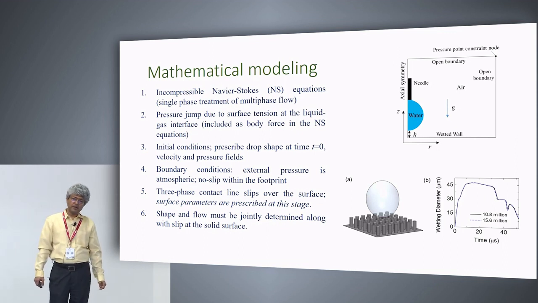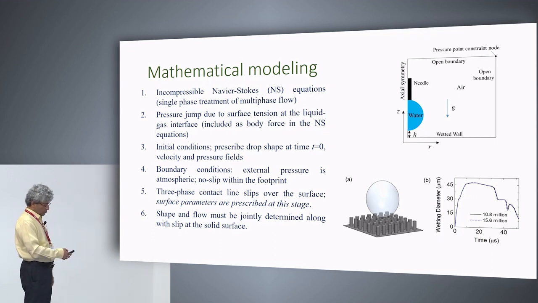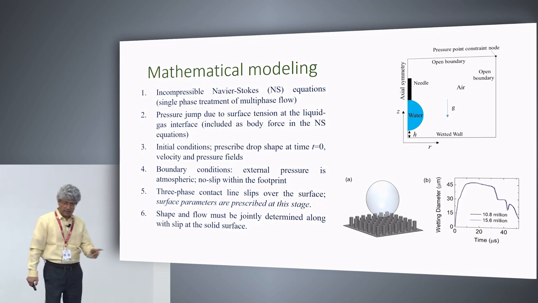So we are in the Navier-Stokes regime. The surface tension at the liquid-gas interface is treated as a body force term. The big unknown is the treatment of how the contact line moves.